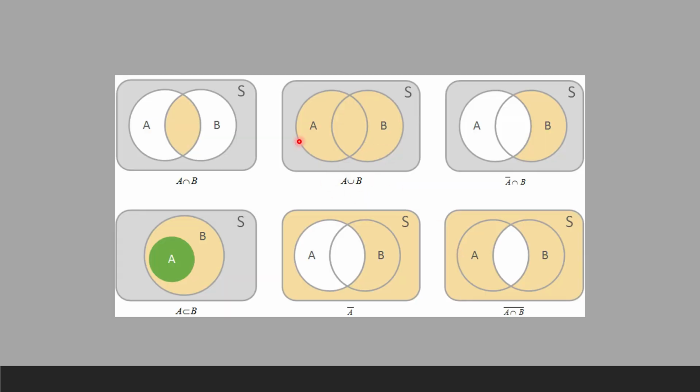so these are some representations using Venn diagrams. This is A intersection B. It involves common elements from both A and B, and A union B involves everything. Here A bar intersection B is nothing but A bar, you cannot involve this. That means the complement is just the opposite. Then intersection is common, but we are not involving A bar, so just the B. And then A belongs to B. Here B is the population, you can see, and A is a subset.